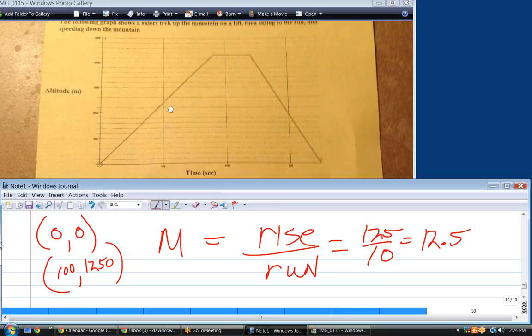Now, let's see if there's any other points that are a little bit better defined. I'm not that comfortable with calling that point 1250 on the y-axis. It looks close, but the problem here is that no matter what other point I look for, I've got to make some guesses. In other words, if I don't pick that point there, I got to guess as to what the time coordinate is. Let's say I wanted to pick the 2000 point.